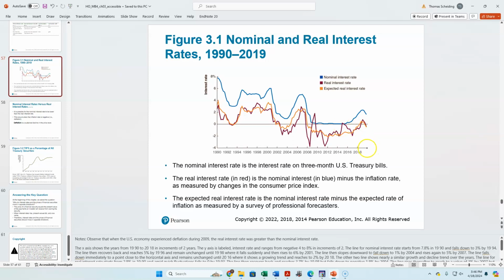At least in the data that goes out to 2020, economists did a pretty good job of predicting what the real interest rate was going to be. And again, what I'm arguing to you here is that at least for the beginning of COVID, the red line got really, really negative, and the orange line was somewhat higher than that, like this right here. Obviously the bank wasn't expecting to get a negative real interest rate, but they unexpectedly did.